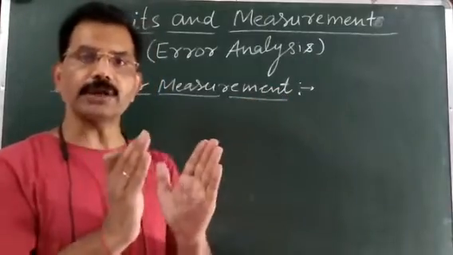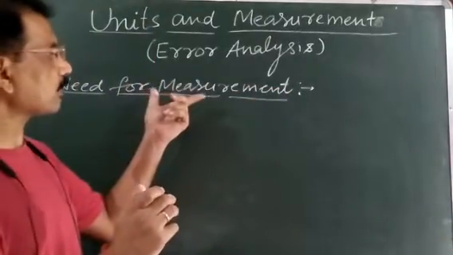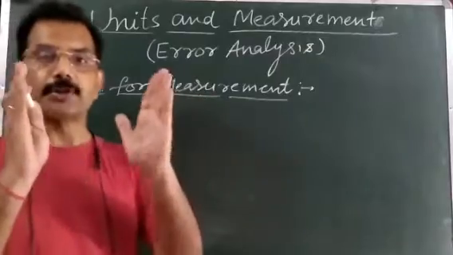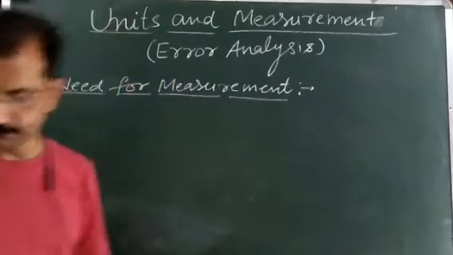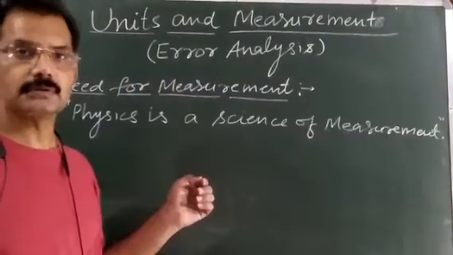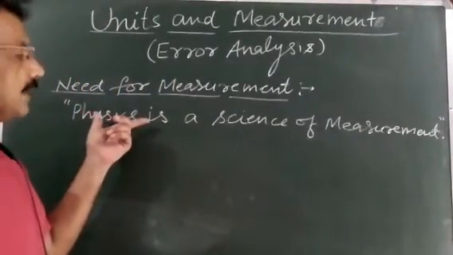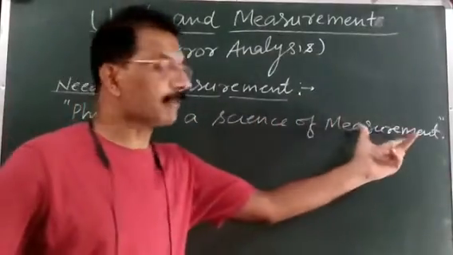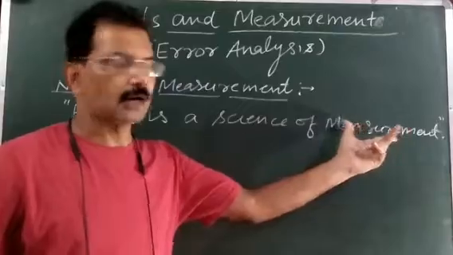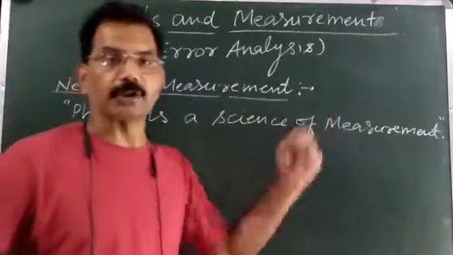It means we always need physical quantities for measurement or for proper description of any natural phenomena. So, in other words, you can say physics is a science of measurement. Simply, physics is a science of measurement.